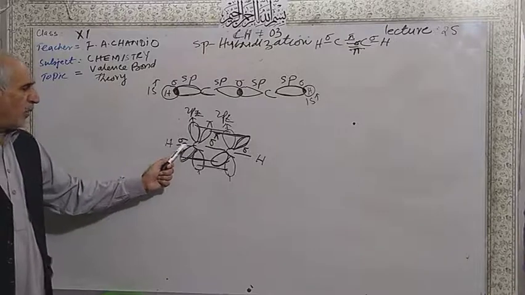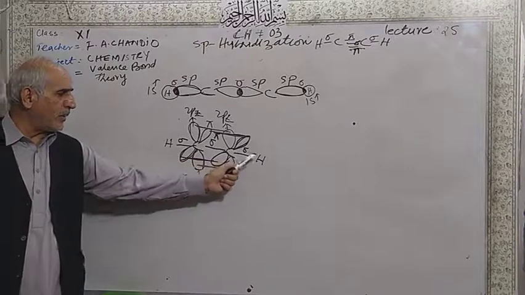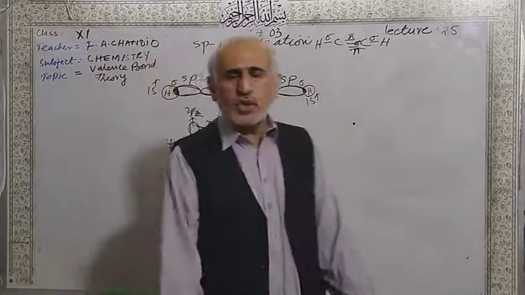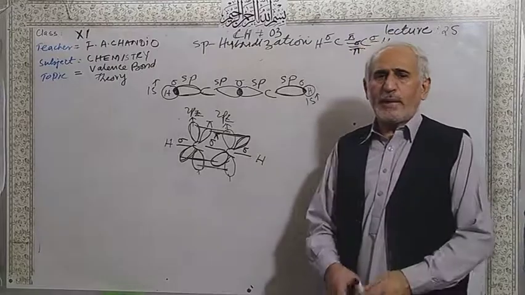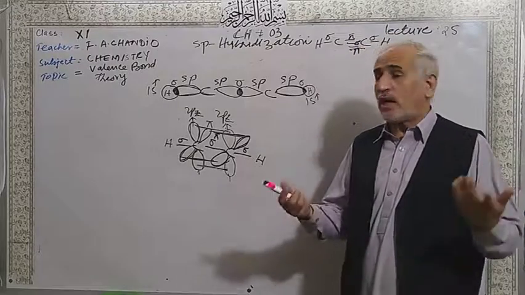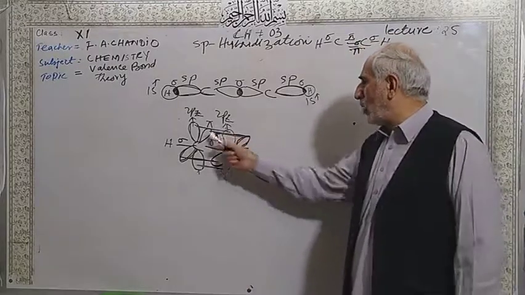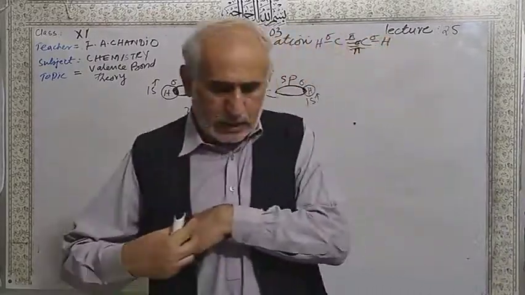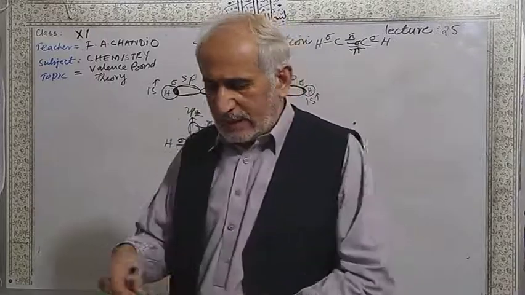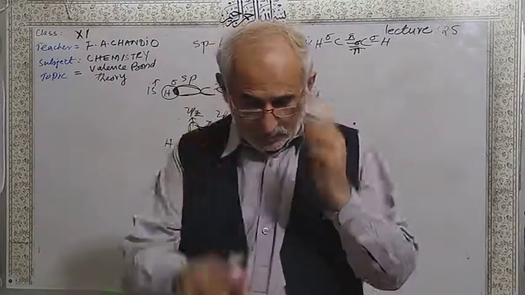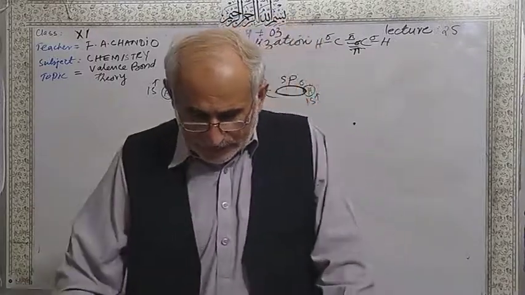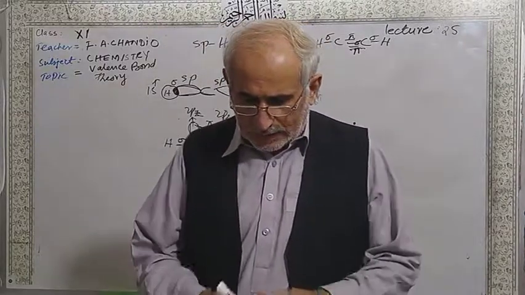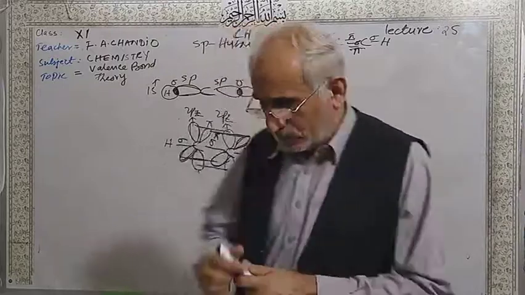Carbon-hydrogen sigma bond, carbon-carbon sigma bond, and carbon-hydrogen sigma bond by the hybridization approach, and the 2 unhybridized atomic orbitals on each carbon overlap in parallel to form 2 pi bonds. So you can see the structure of acetylene in your book, where a space filling model is formed. Space filling model.